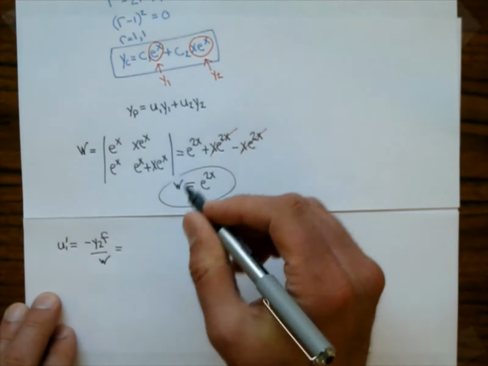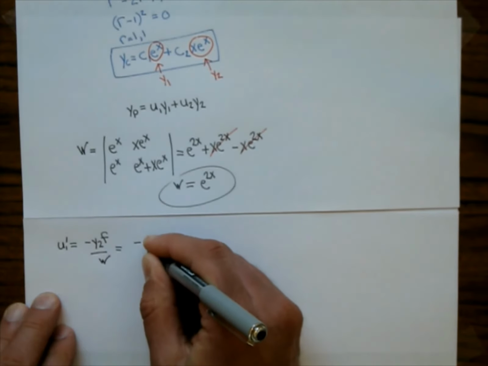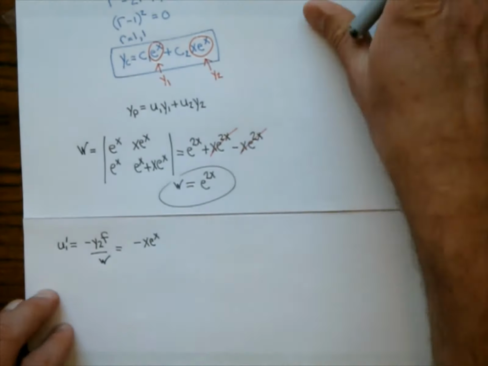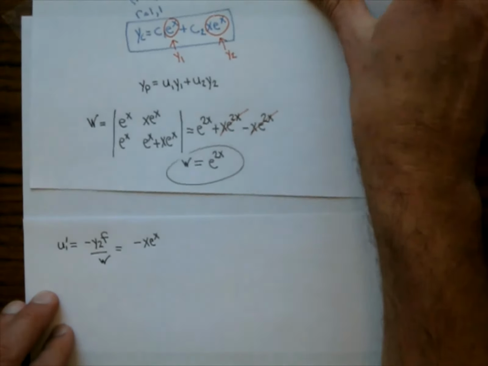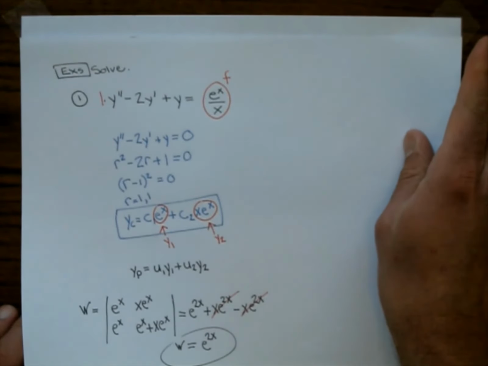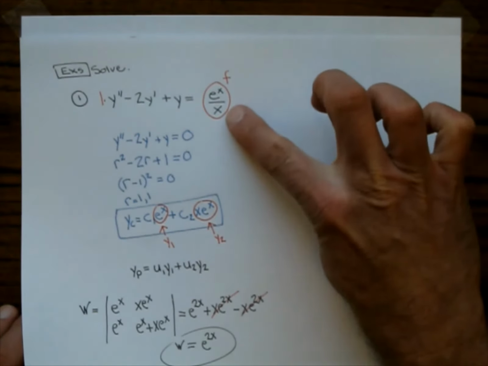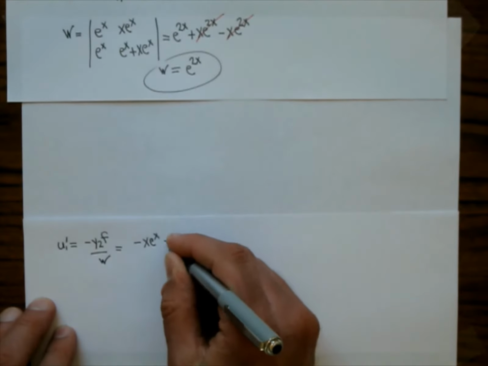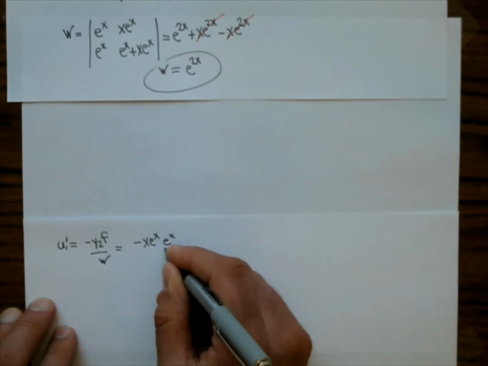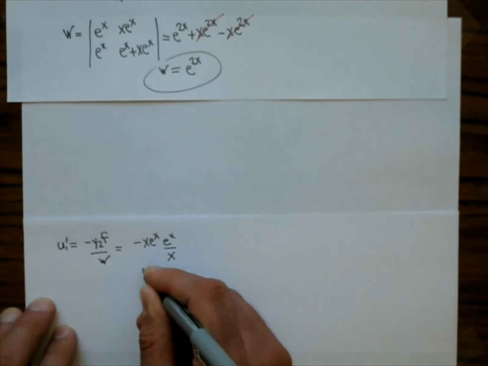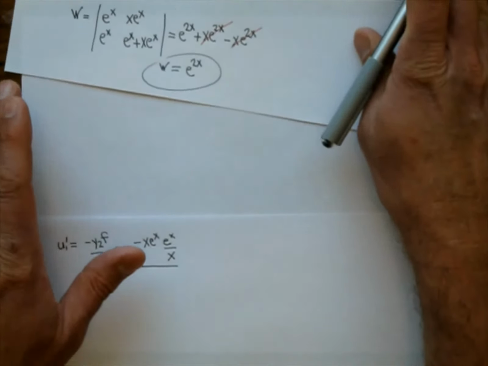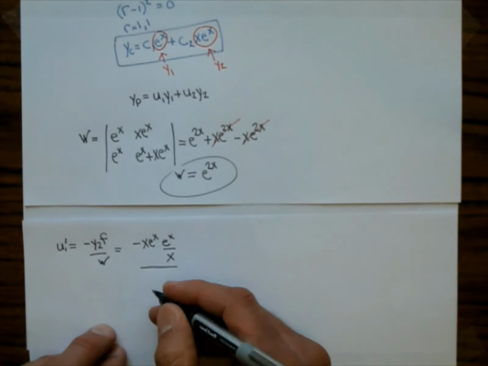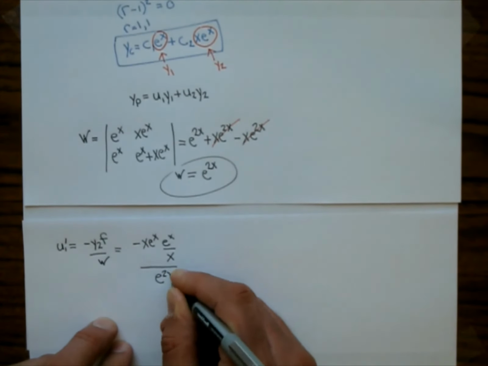It is x e to the x. So this is negative x e to the x. f of x, which you can't see in the picture anymore, it's that guy right there that I identified from step 2, circled up there. I'm going to put that in here, so that's e to the x over x, and then I'm going to divide by the Wronskian. The Wronskian is the thing we just computed, so the Wronskian is e to the 2x.